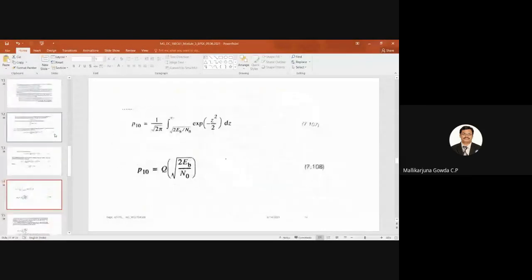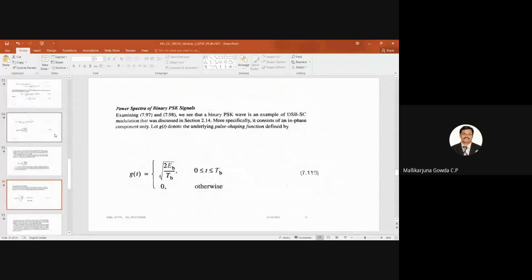Fine. Now what I wanted to say is, how do we visualize the power spectrum of this BPSK signal? To understand that, let me represent the pulse shaping function, which I denote as g of t. So g of t represents the pulse shaping function.